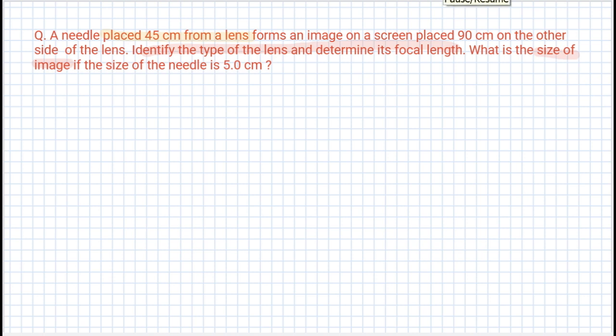So let us assume a lens. This can be your convex or this can be your concave lens. Now consider this line as your principal axis.